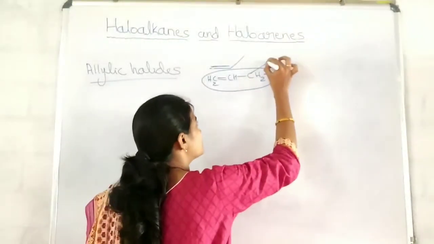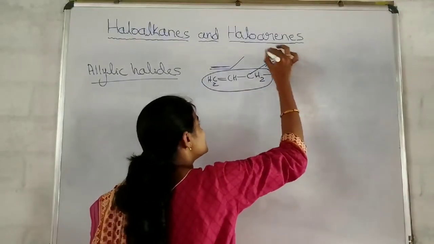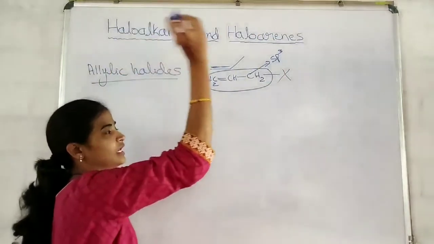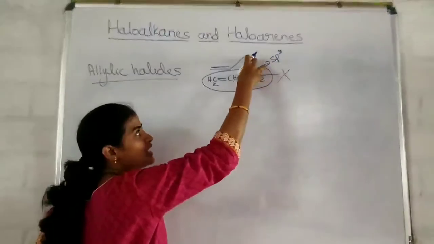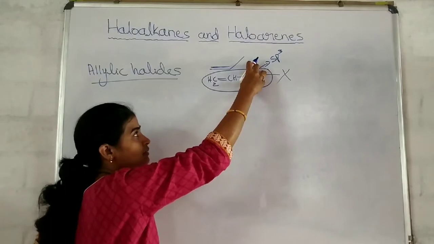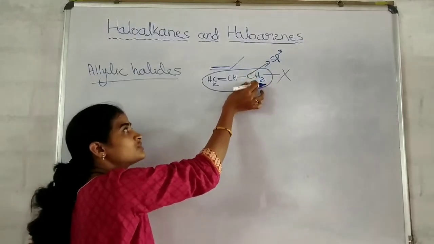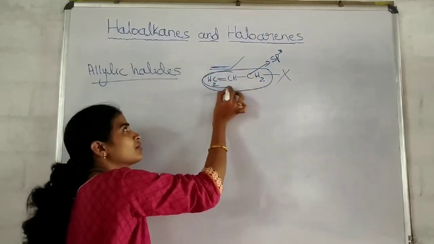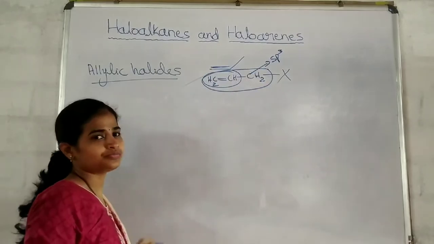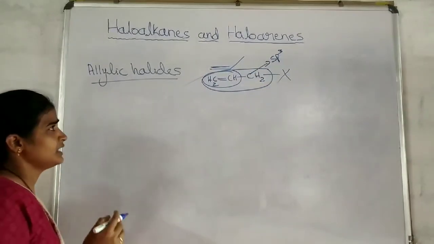See here, this carbon atom is an sp3 hybridized carbon atom. Here, the halogen atom is attached to the sp3 hybridized carbon atom, and this carbon atom is further attached to the carbon-carbon double bond. So, what are allylic halides?